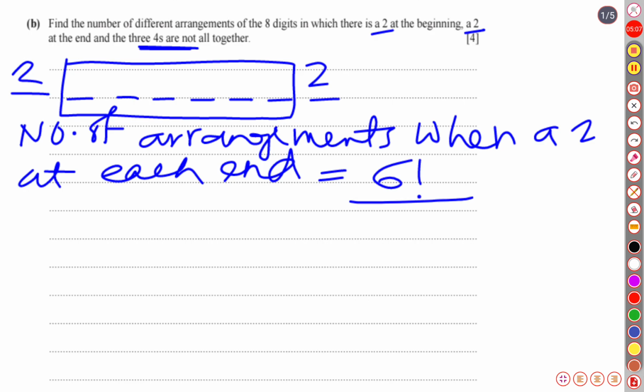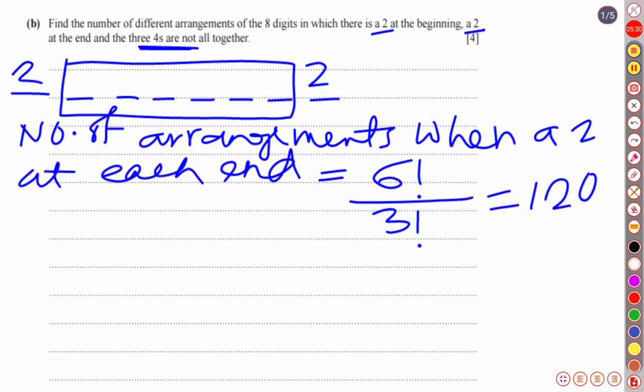How many 4s are there? 3 fours. So there will be 3 factorial, and ultimately the number of arrangements is going to be 6 factorial, which means 720, divided by 3 factorial, which means 6. So 720 divided by 6 is actually 120. So this is only one part of the solution, not the final part.